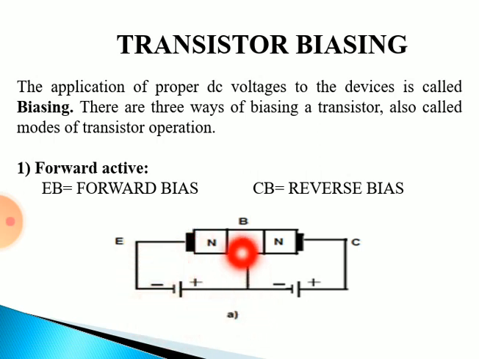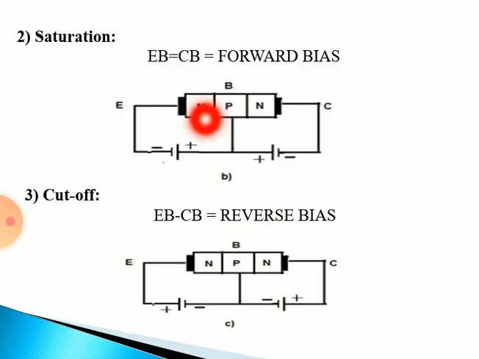And when we connect P to the negative of your voltage and N to the positive of your voltage, we say that this junction is reverse biased. So for the forward active region, remember that your emitter base junction is forward biased and your collector base junction is reverse biased. The next region is the saturation region, where your emitter base junction and your collector base junction both are forward biased. So again this is your NPN.